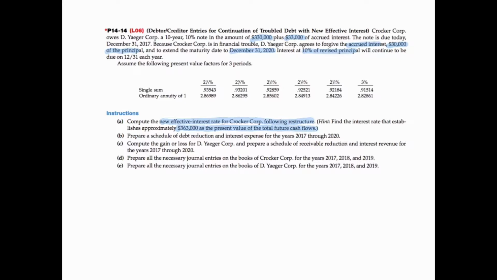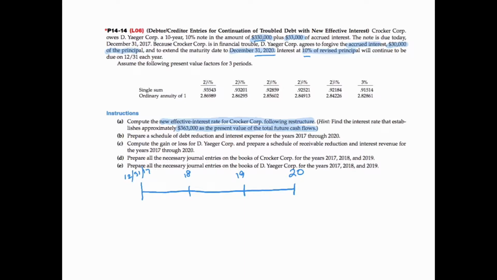So let's take a look at this. We're going to have payments here, here, and here, on 12/31/17, 18, 19, 20, and then the maturity date is going to be December 31st, 2020. What's going to be paid is 10% interest on $300,000.